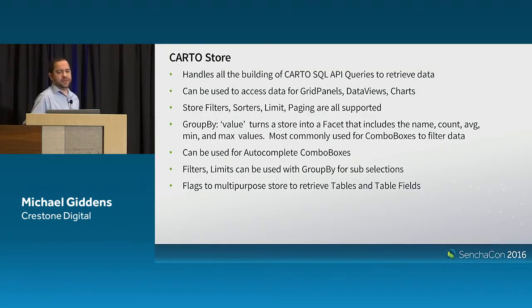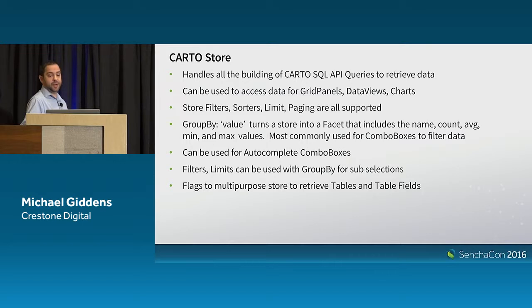The great thing about the component is we've developed this so that you never actually have to use a map, even if you have all your data stored in Carto. Carto is designed as a RESTful API, and the whole time we've just been obfuscating the SQL behind the scenes in the proxy to actually retrieve that data and then map that back to the store fields.